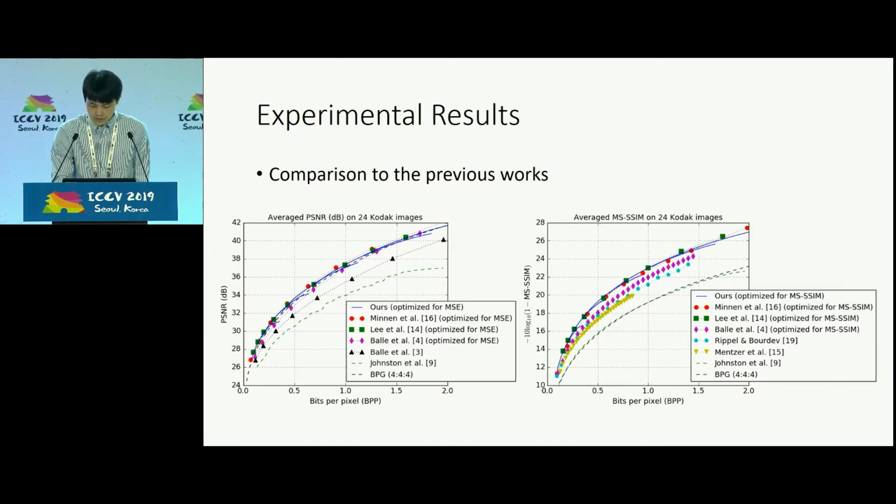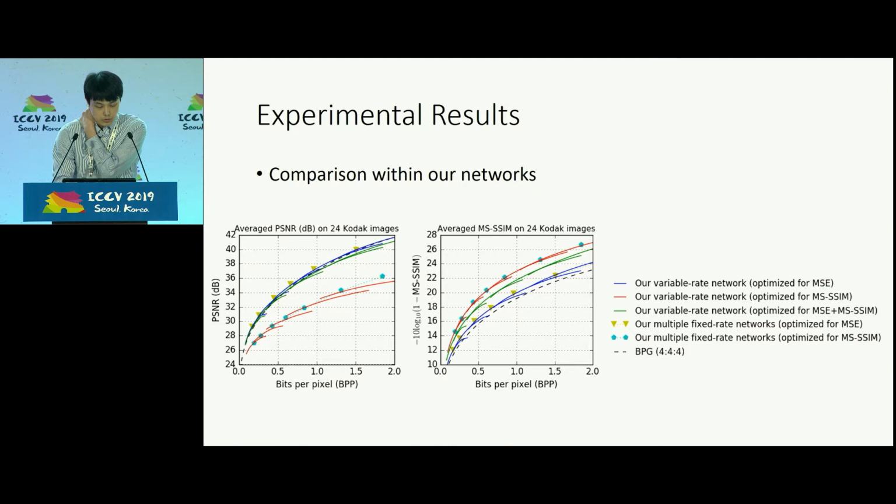We also trained our model for different distortion measures like MSE and SSIM. So we trained multiple fixed rate models to compare them with one variable rate model. You can see that the loss of using one conditional model is very marginal.